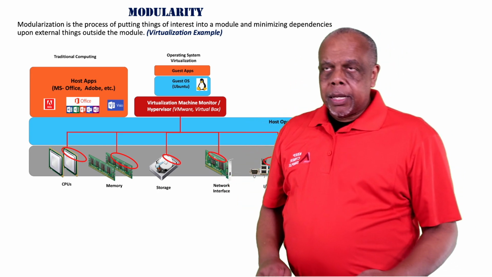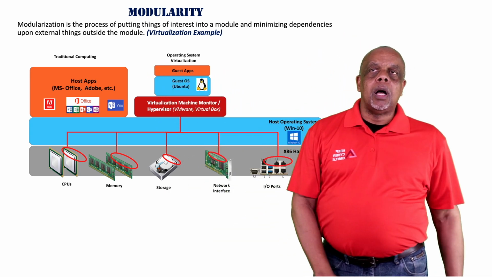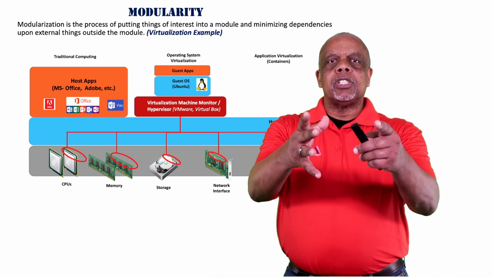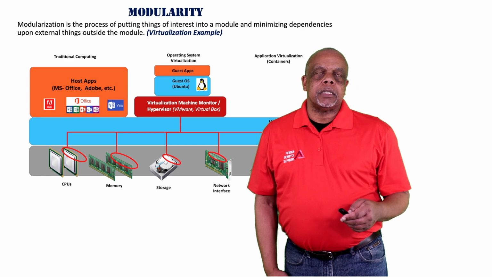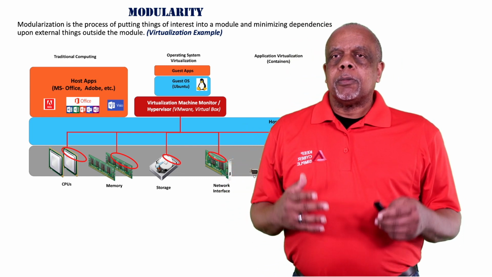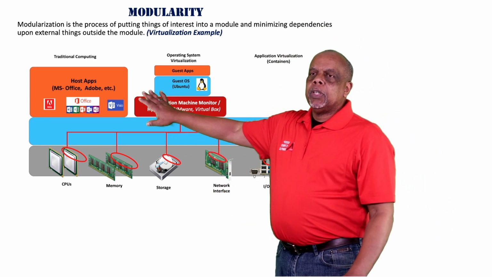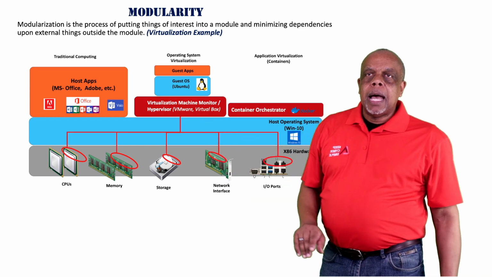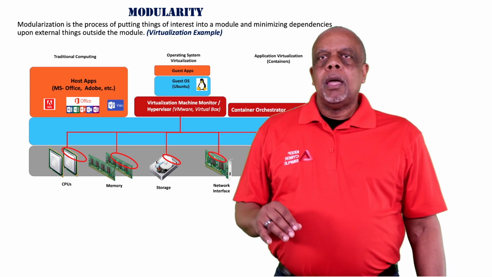There's more. Not only can we do operating system virtualization, we can also do application virtualization. It's what we call containers. You may hear this term, containers, like Docker and Kubernetes and some of these terms you may or may not be familiar with. But yeah, that's application virtualization. So I've shown you here how I can virtualize an operating system. Now I can use an orchestrator, again, like Docker, Kubernetes, Podman.